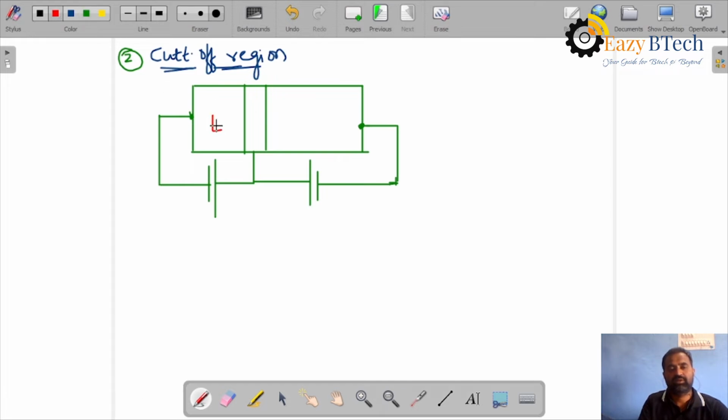Now it is emitter, base, and collector, PNP. Here, positive is connected to negative and negative to positive, and again here negative to positive and positive to negative.